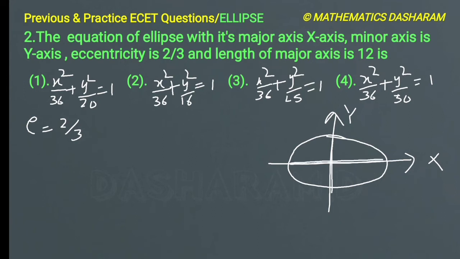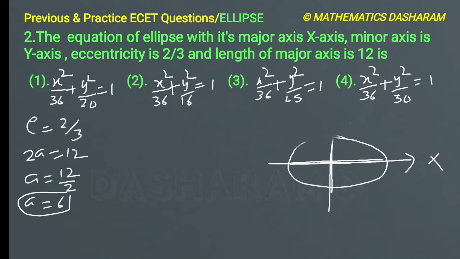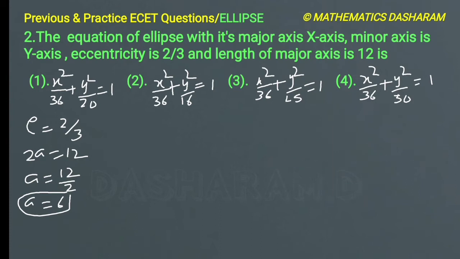So the major axis formula is 2a. It equals 12. Then a equals 12 divided by 2. Then a equals 6. Let's find out the b value. So I am using the eccentricity formula, E equals under root.